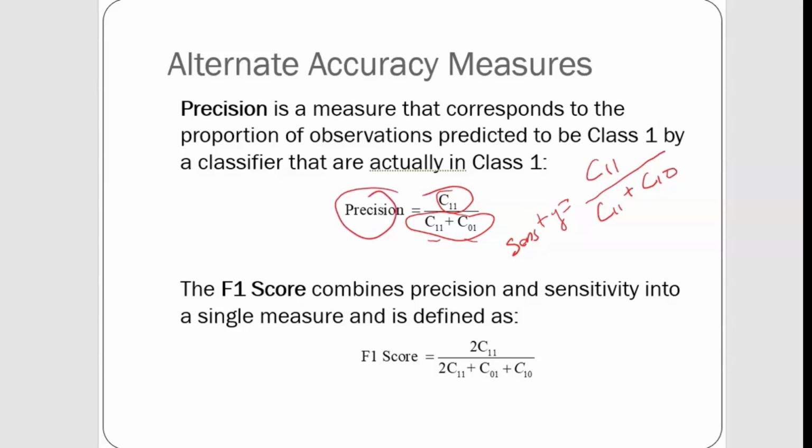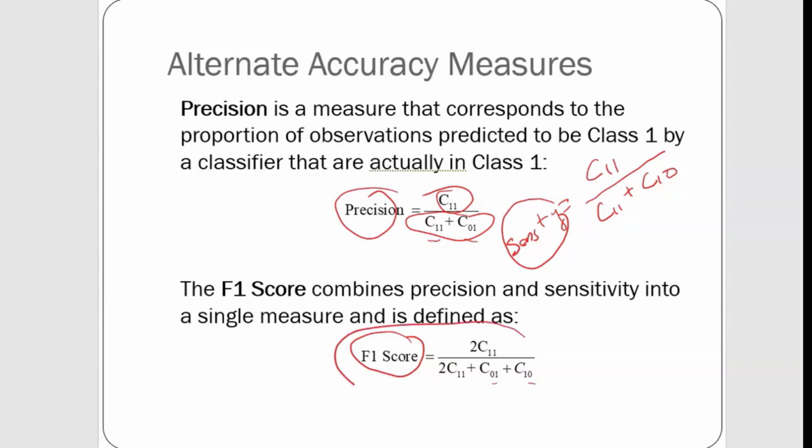These two measures, precision and sensitivity, can be combined into what we call an F1 score. And for some algorithms, one quick way to assess if a model does better than the other model would be to check the F1 score. And F1 score is given as 2 times true positive divided by 2 times true positive plus false positive plus false negative.